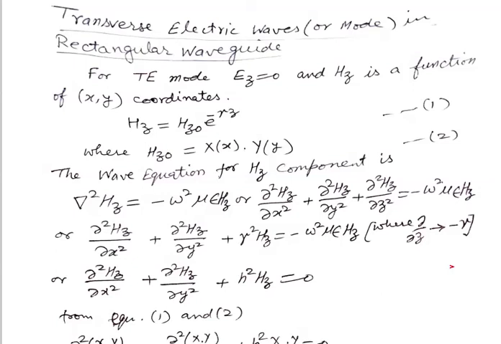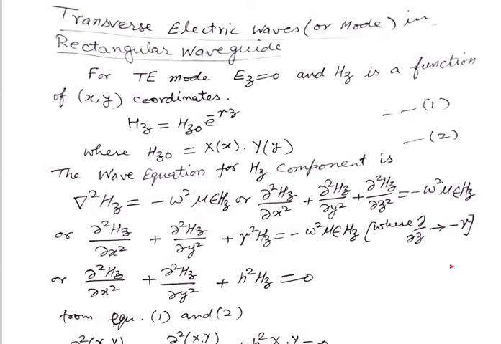So by utilizing the method of separation of variables, we are assuming the Hz0 component as a product of two functions X and Y, where X is a function of x coordinate and Y is a function of y coordinate, which is expressed in equation number 2.